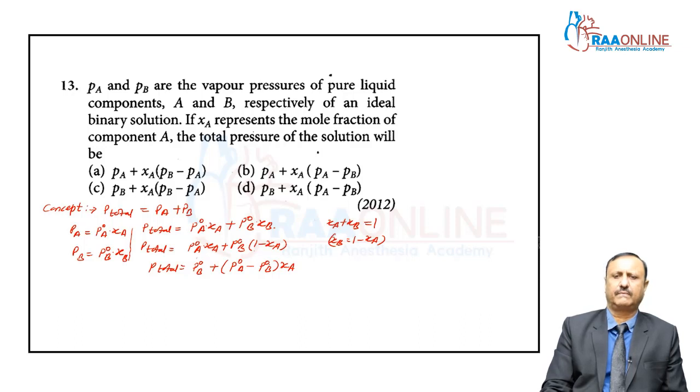When this is multiplied by this P0B, you can get minus P0B XA. So, my dear students, this equation is written in this way, and when you write the equation in this form, then you can get the answer. Because for question number 13, you can get the answer D. In D, the same equation is present, XA multiplied by P0A minus P0B.